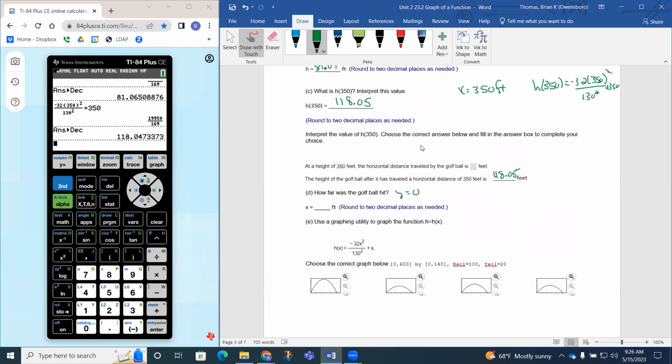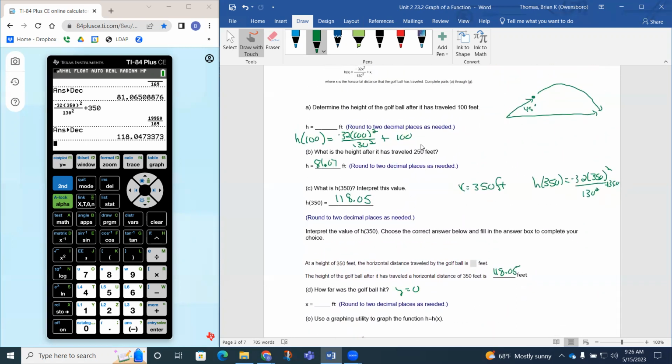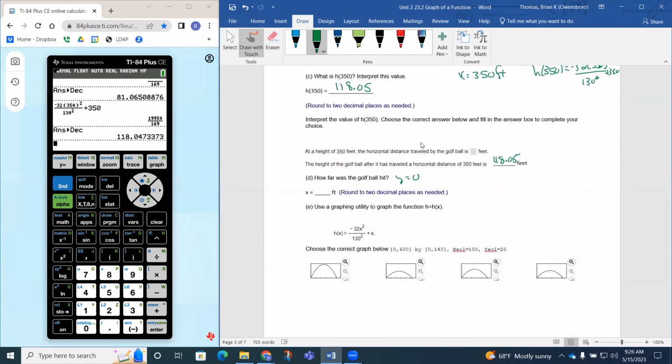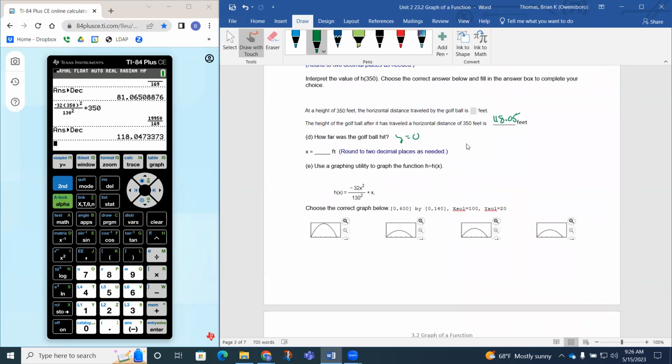So all we have to do is set this function equal to 0. It's negative 32x squared over 130 squared plus x has to equal 0. One of the first things we can do is get rid of fractions by multiplying by this 130 squared everywhere.